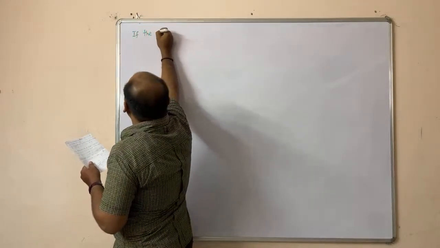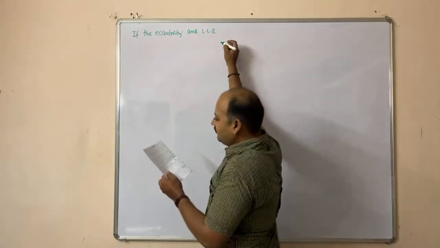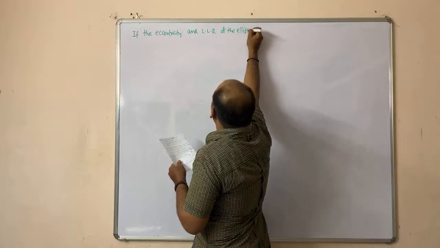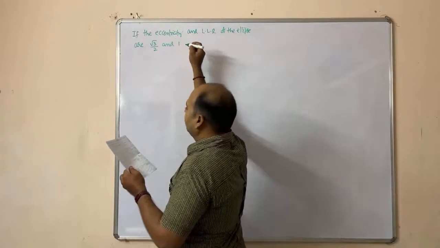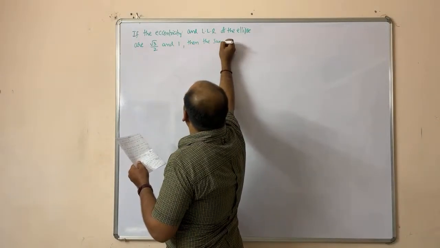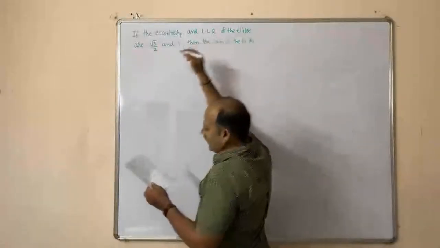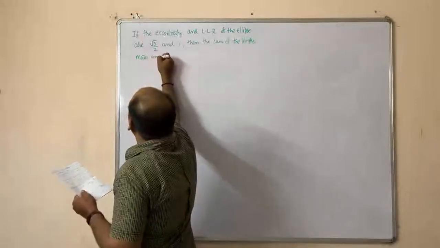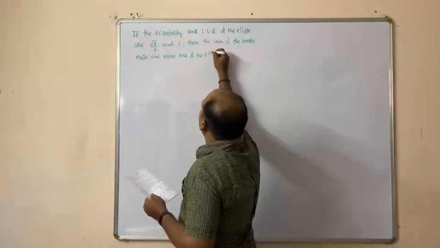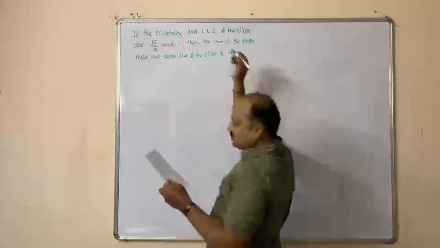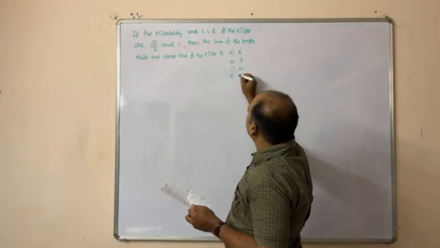If the eccentricity and the length of latus rectum of the ellipse are root 3 by 2 and 1, then the sum of the lengths of the major and minor axis of the ellipse is: the first option is 6, second option is 3, third option is 10, fourth option is 8.